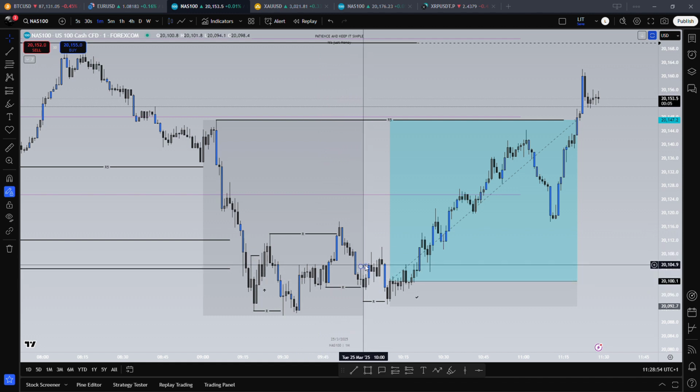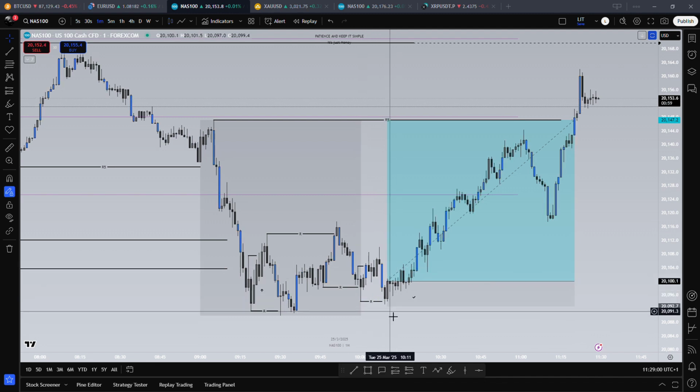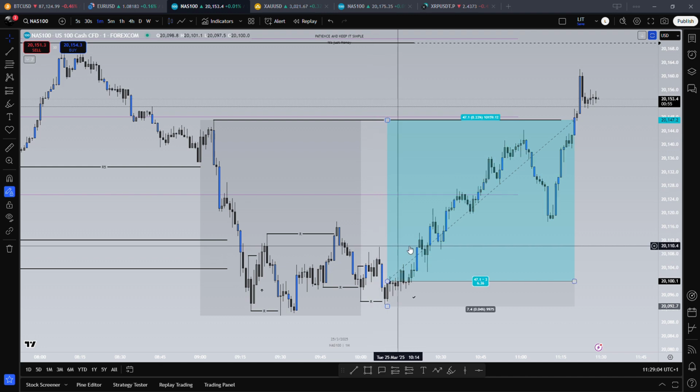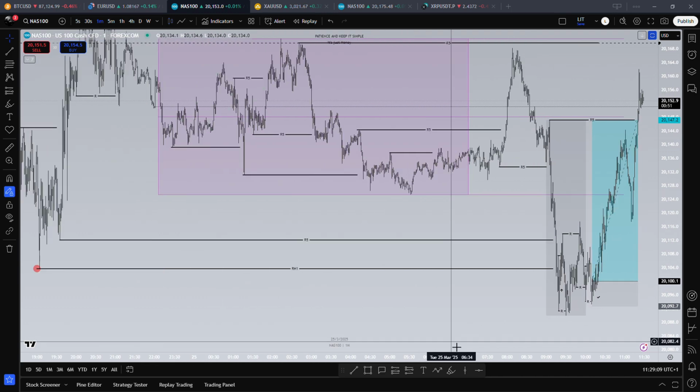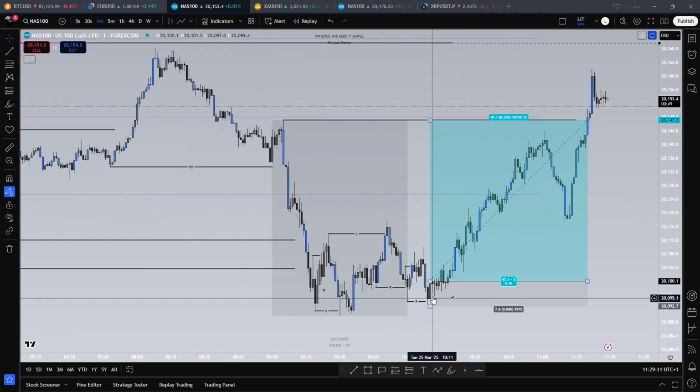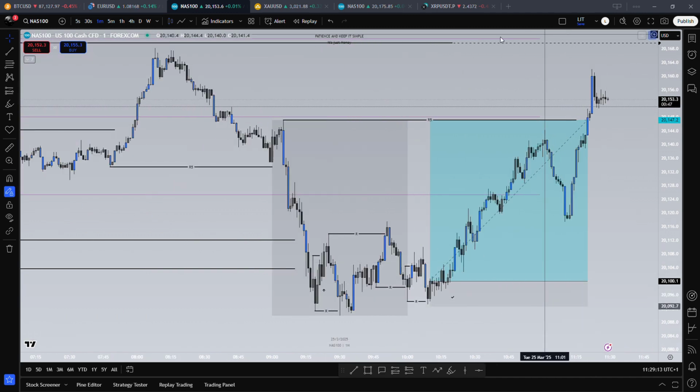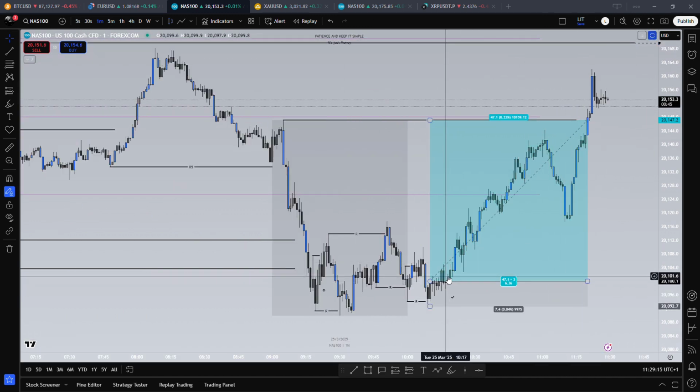We take this one that broke this one again. And now the next relevant liquidity is here. But after taking all this relevant liquidity, that's when I interpret that the price could go higher.